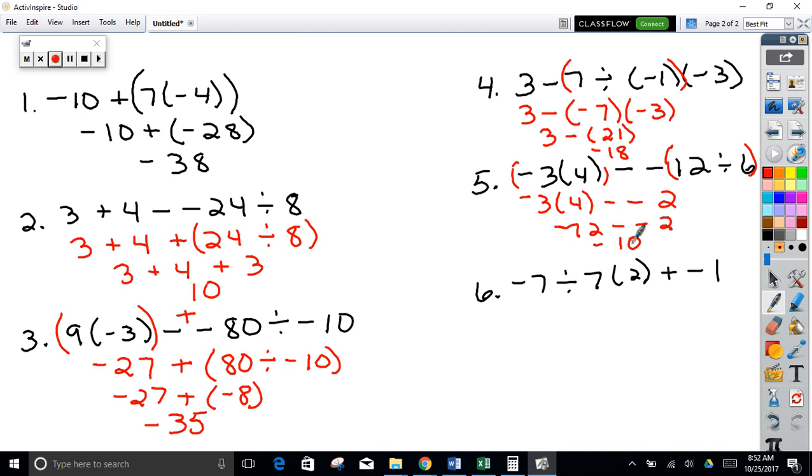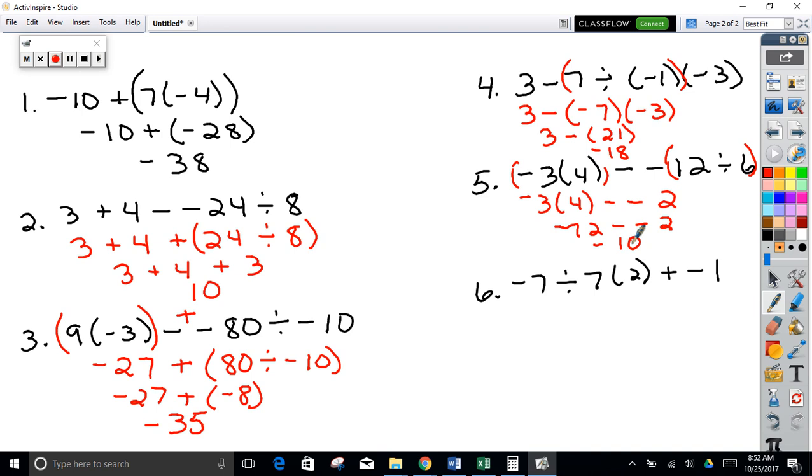So you have to do negative 7 divided by 7 before you do 7 times 2 because you won't get the same answer. You would if it was all multiplication because multiplication is commutative, but division is not, or associative also. I guess that's what I'm talking about, associative. You can't multiply the 7 times 2 first. You will get a different answer. So you have to go from left to right.